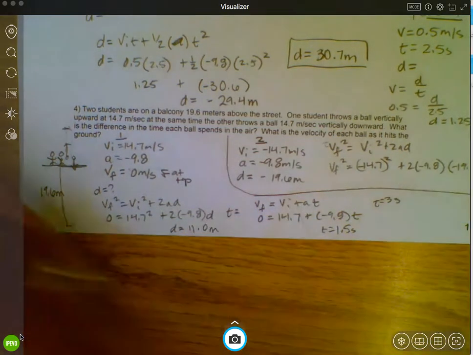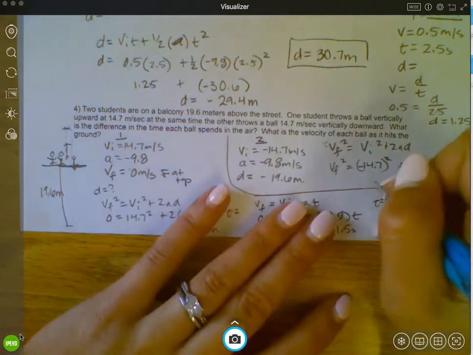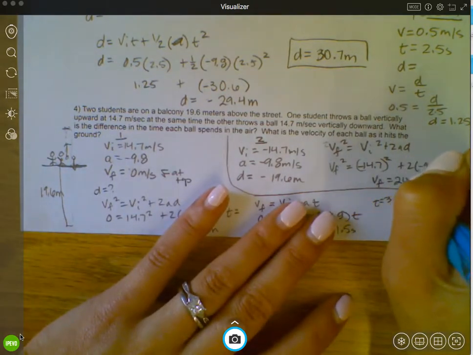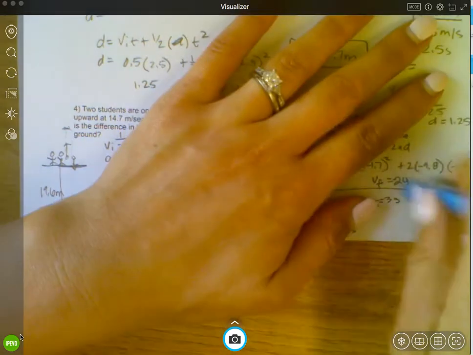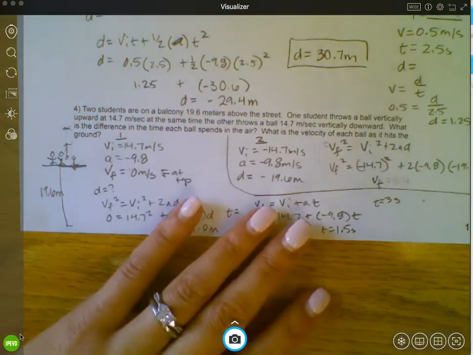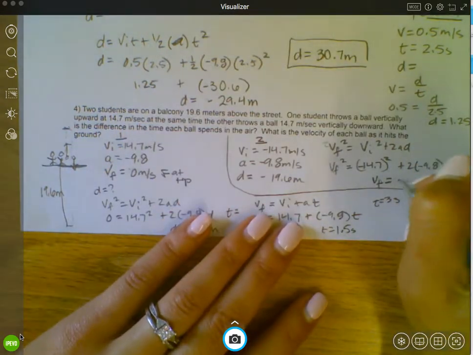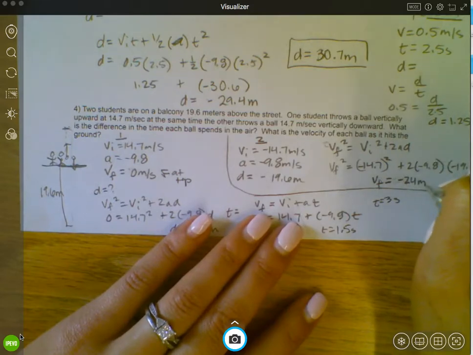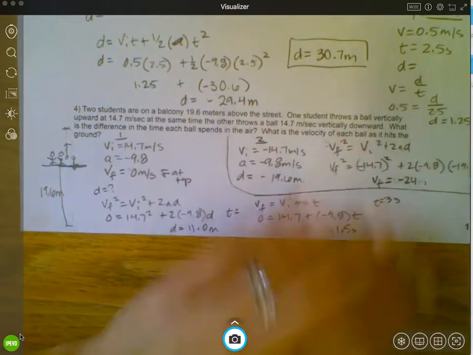So I get square root, so I get v final equals 24.5. It should be negative. Make sure that's clear. Negative 24.5. Sorry.